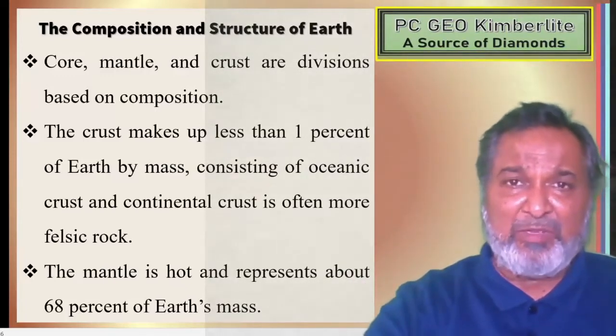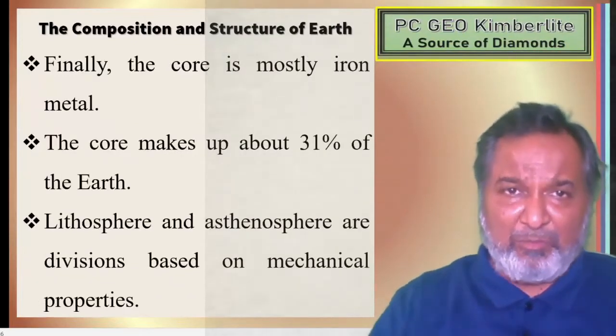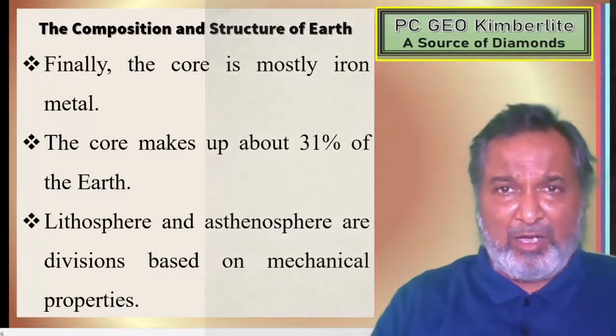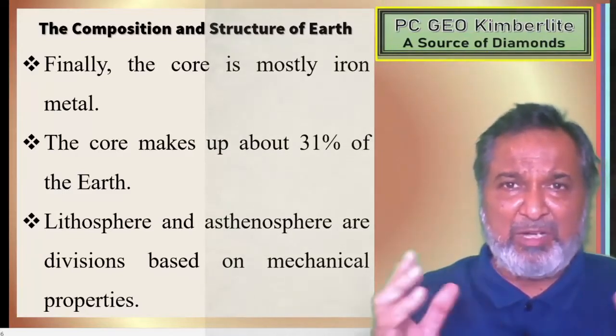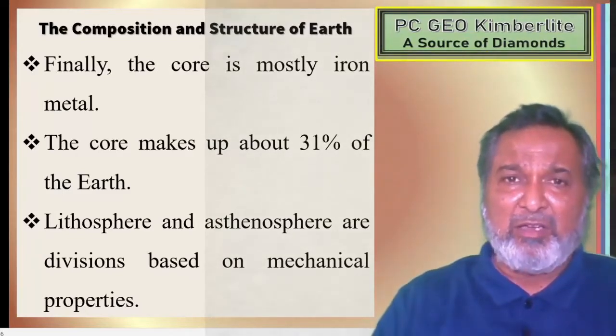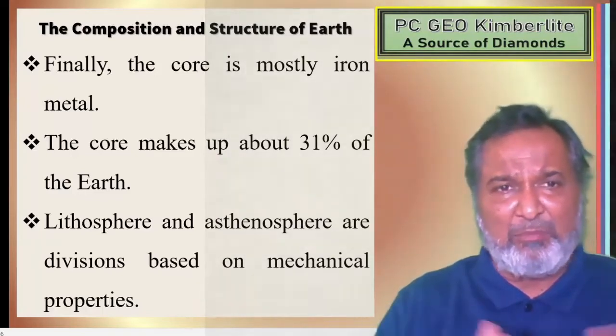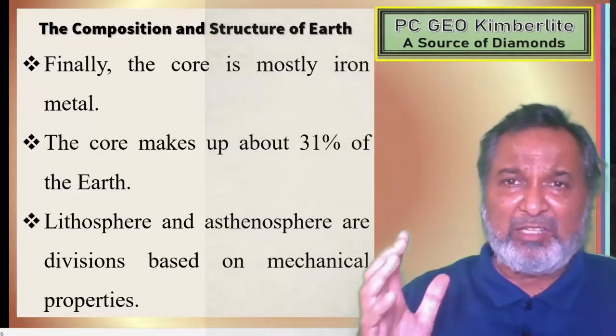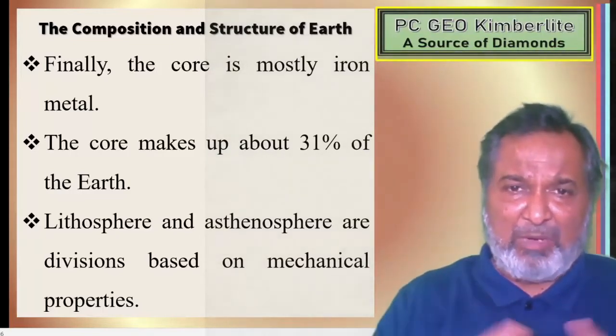Then the next one we have is the core, which mainly contains iron rich metals. The core contains 31% of the earth mass.